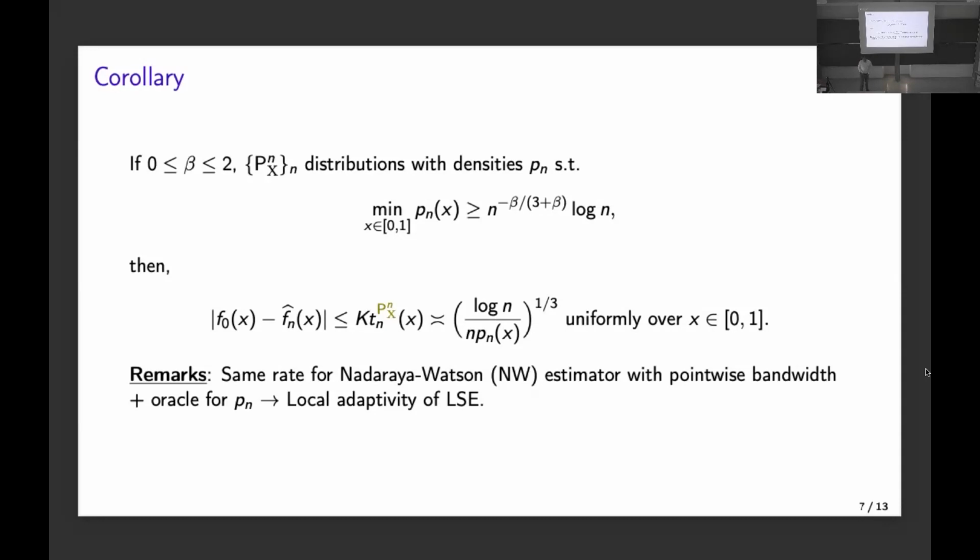In this case, the previous theorem applies, and we can derive a nicer Tn function, which is basically the same as in the uniform case.